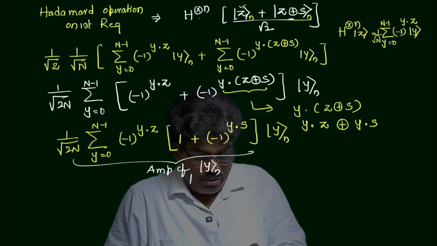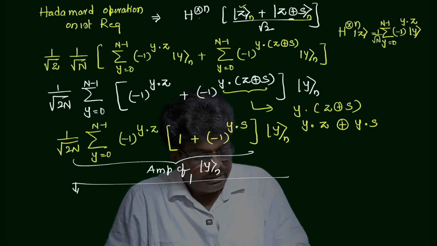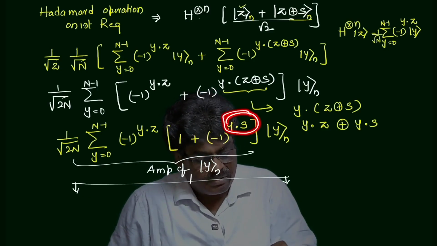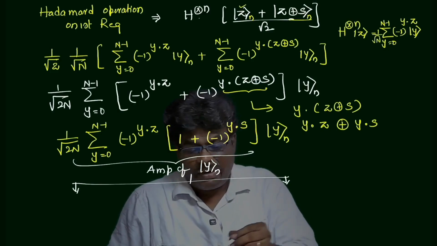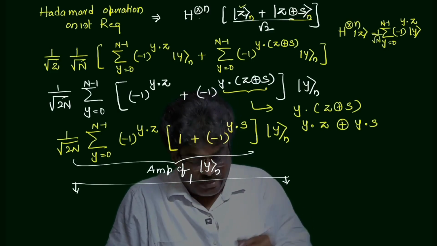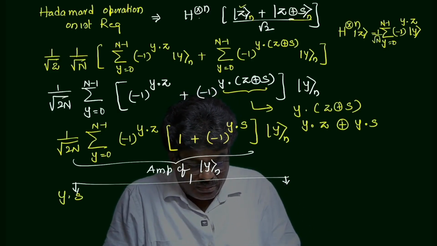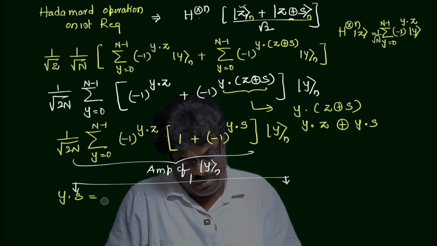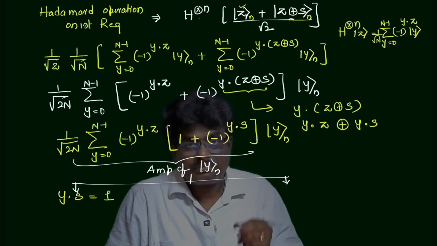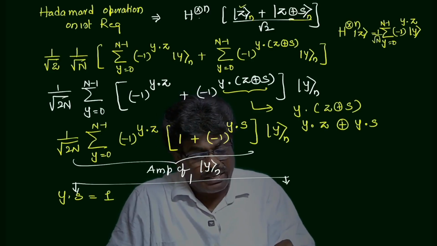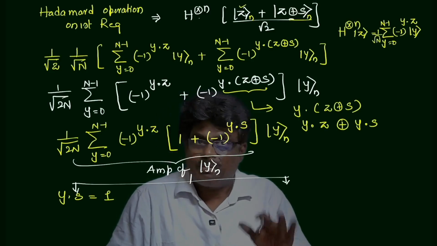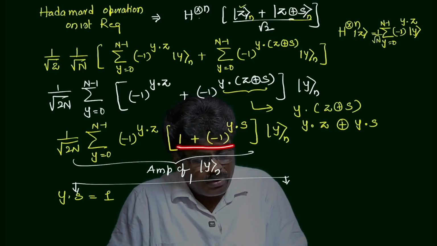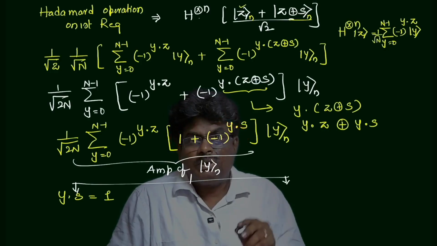Okay, so now here we are having one property. For example, please focus on this y·s. If I take y·s equal to 0, or y·s equal to 1. If y·s equal to 1, (-1) to the power 1 is minus 1, so 1 minus 1, and this entire thing will be 0.